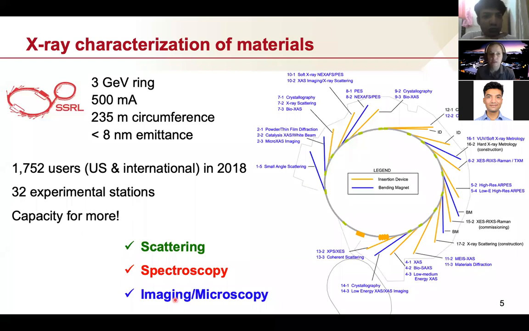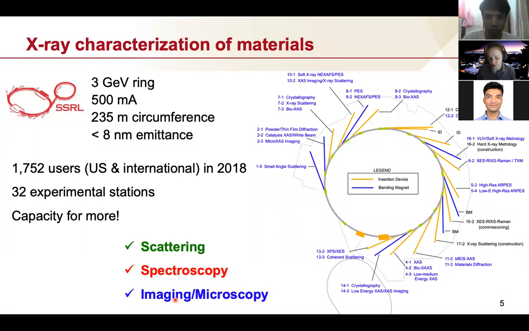Every beam line is really honed in on a specific type of experiment to do something very unique. And you can always take your one sample and bring it to many different instruments around the ring and really get a wealth of information about one single sample by using multiple techniques.